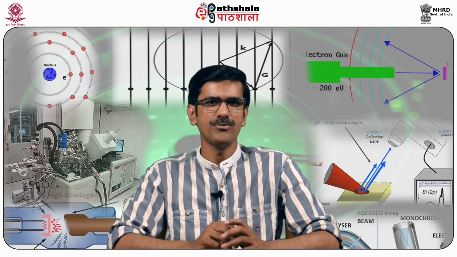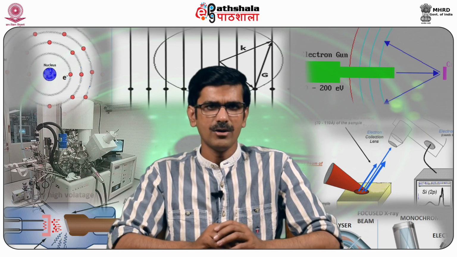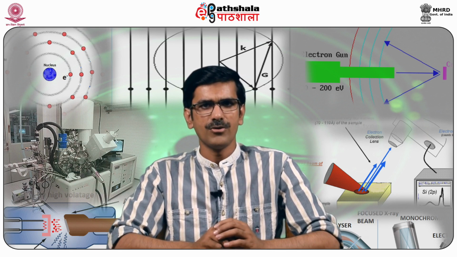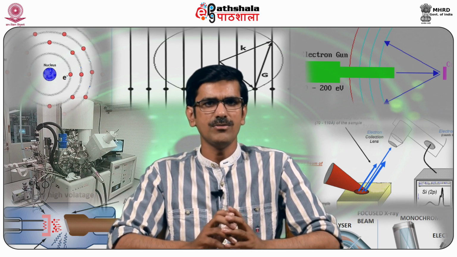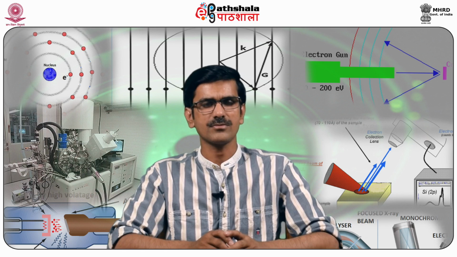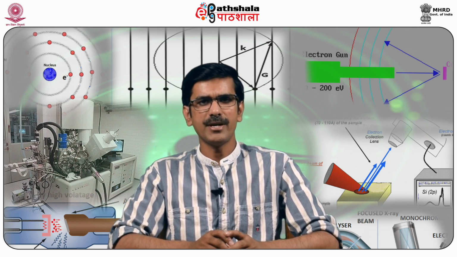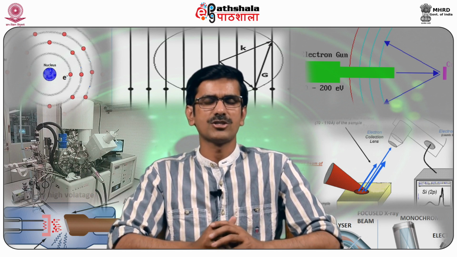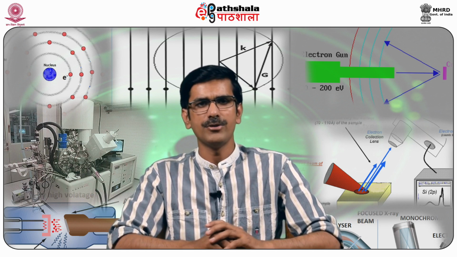Regardless of the incident photon beam, however, all the photoelectron spectroscopies revolve around the general theme of surface analysis by measuring the ejected electrons. It is an experimental method used to determine the electronic structure of atoms and molecules.